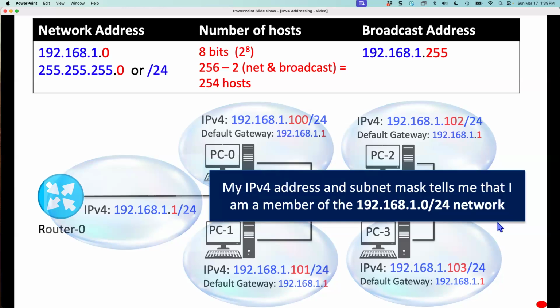That means they can encapsulate any packets to a device with a destination IP address that belongs to this network, 192.168.1.anything. We'll talk more about this in a moment, but they can encapsulate that in an Ethernet frame and send it from their NIC card to their NIC card directly, even the router's IP address.